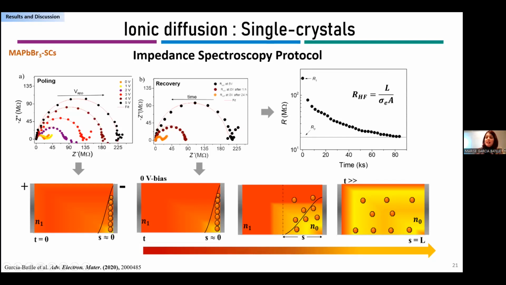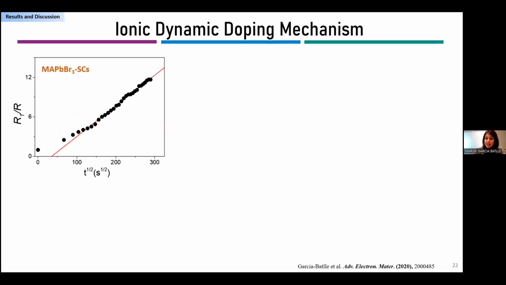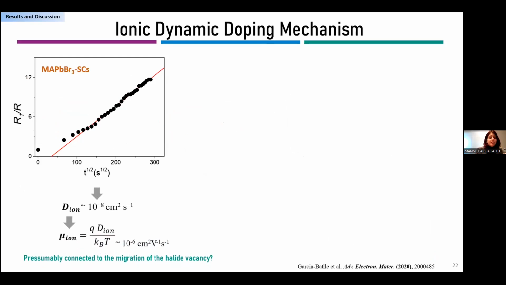So this is basically what I'm trying to say: the ions diffuse and shift the electronic conductivity. So the ions modulate or vary the electronic conductivity in our device. So this is the way that we try to extract parameters.